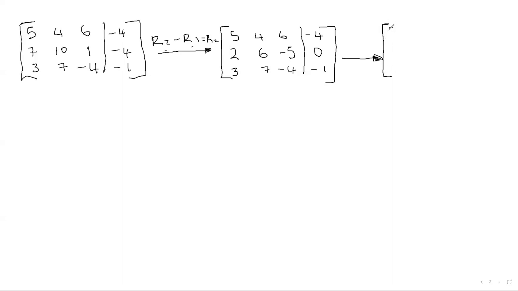It stays there, 5, 4, 6, minus 4. So I'm just going to write it here. I'm going to say row 3 minus row 2 will equal, and I can replace either one, but I'm going to replace R3 because it has the bigger number.